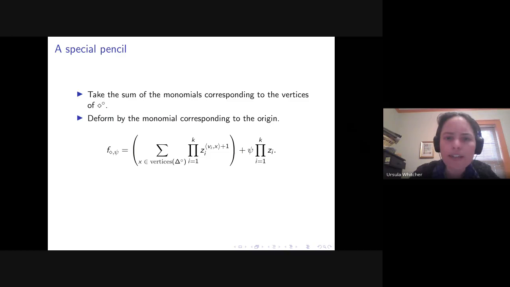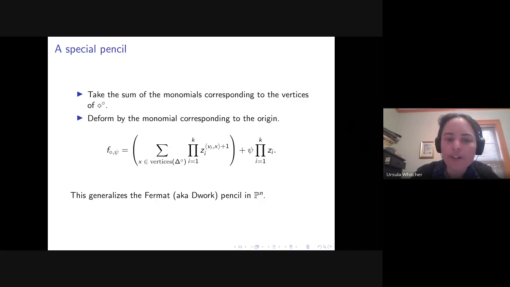So the answer is yes, you can. And the trick is, instead of taking a monomial for every single lattice point in your polar polytope, we're just going to take the monomials that look like the vertices of our polar polytope. And then if we want a one-parameter deformation, we're going to deform by the monomial corresponding to the origin. In this case, I just threw in a plus psi. You can do an obvious change of variables and make it -4 psi, which in some cases makes things work out a little bit more prettily.